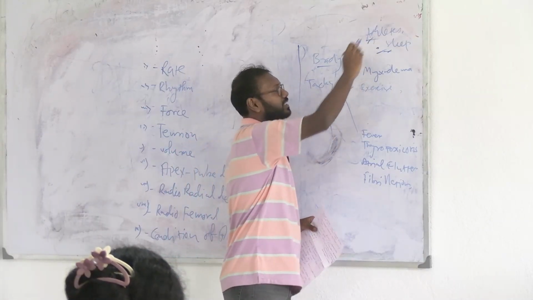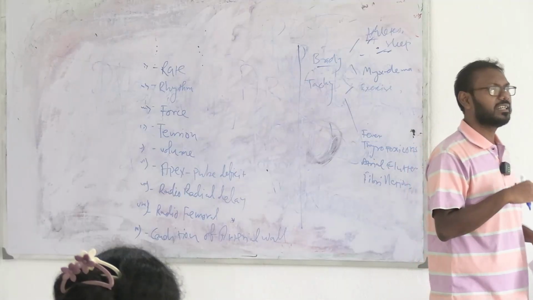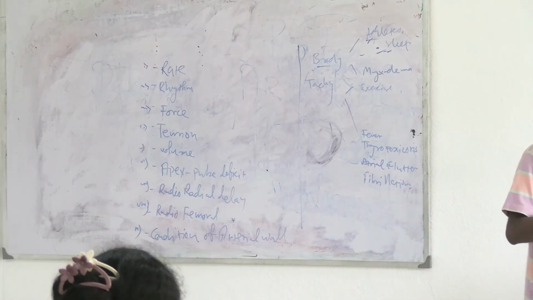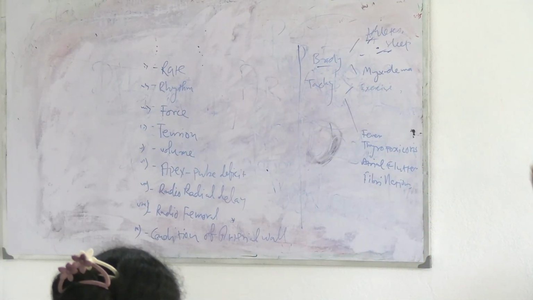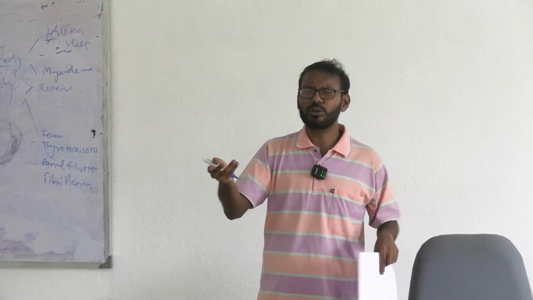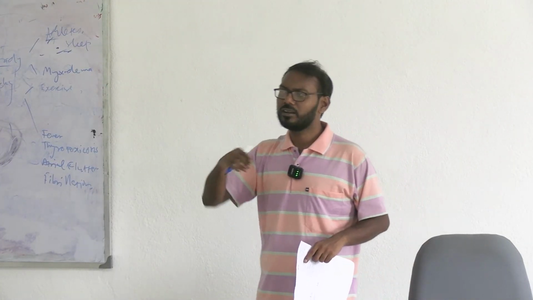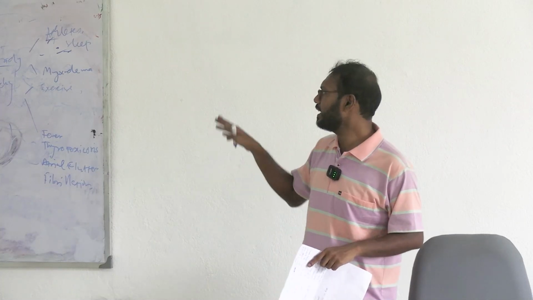In case of athletes, there is a compensatory mechanism. Continuously they train for 5 to 6 hours every day. So continuous tachycardia. First and foremost, when he starts training, for 1 to 2 months, or 6 to 7 months, in the first phase of training, slowly his or her body will get accustomed.